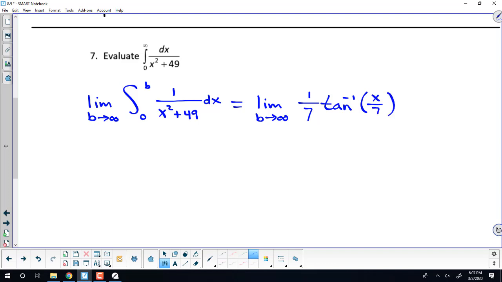So you can certainly do a trig substitution there, it's just not as efficient. You get the same result. I feel strongly that you should recognize the integrals for inverse tangent and inverse sine.